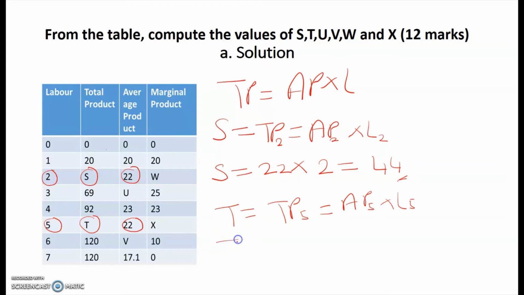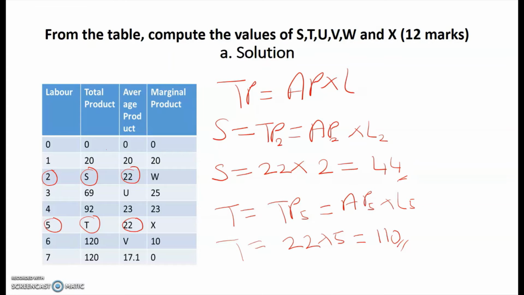So T will be equal to 22 times 5, which is equal to 110. So that is our total product for the fifth unit. So we are done with the calculation of S and T.